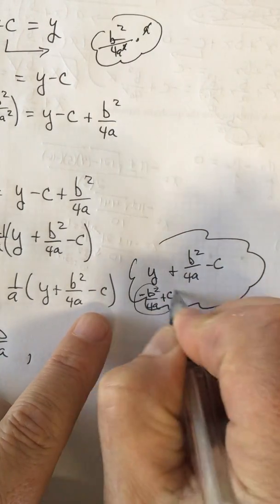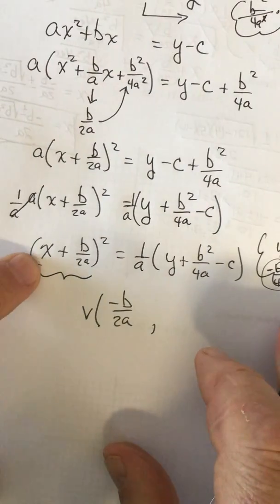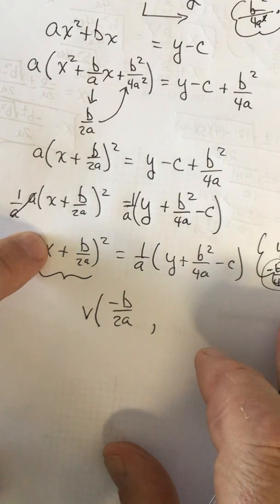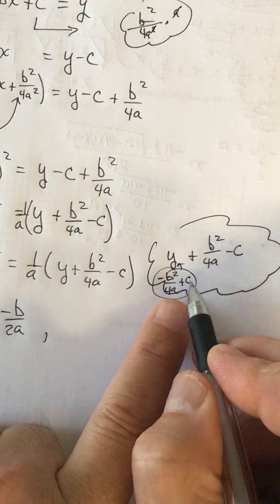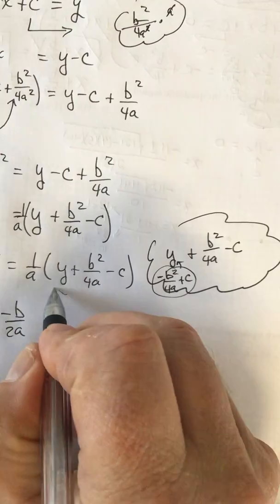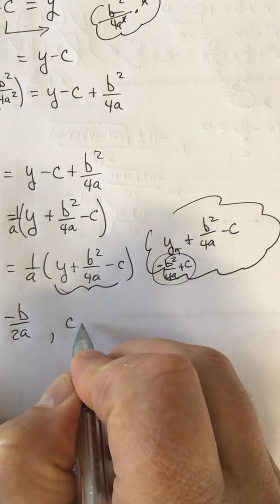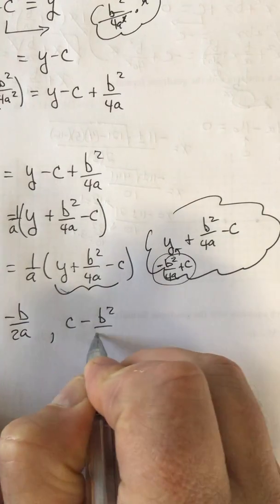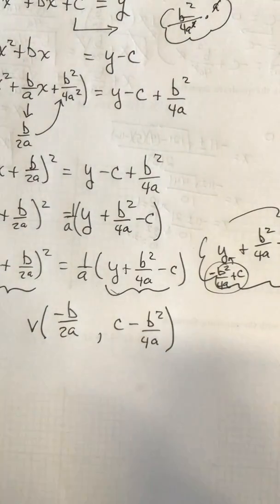If I substituted that in for the y, see, just like right here, we're substituting in negative b over 2a in for the x, and that makes it add up to 0. Well, if I substitute in a negative b squared over 4a and plus a c, now all that adds up to 0. So the 0 for this is a positive c, and then a minus b squared over 4a. There's the vertex.